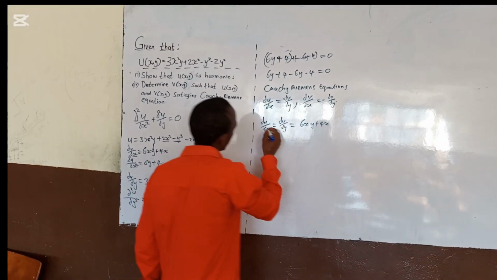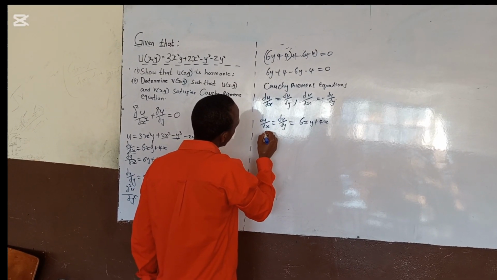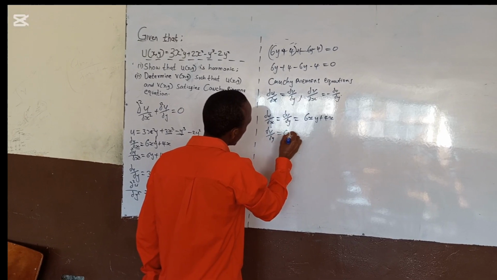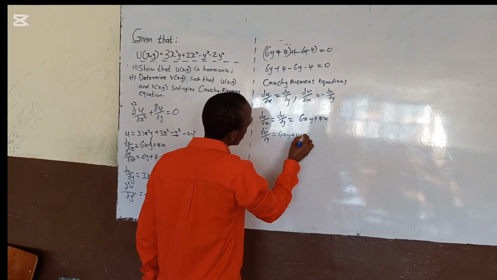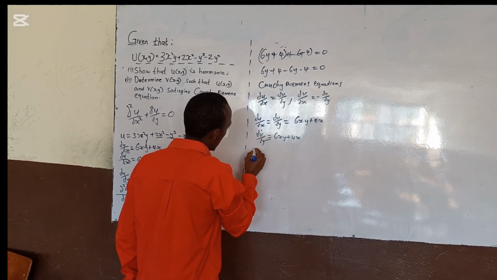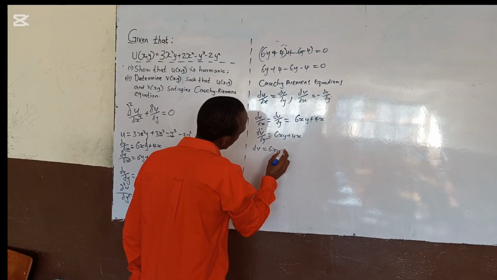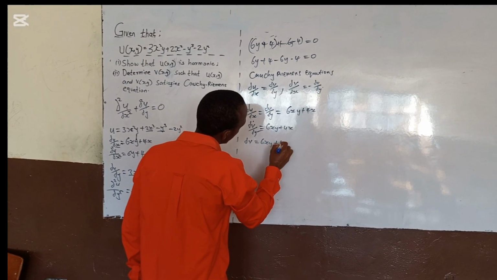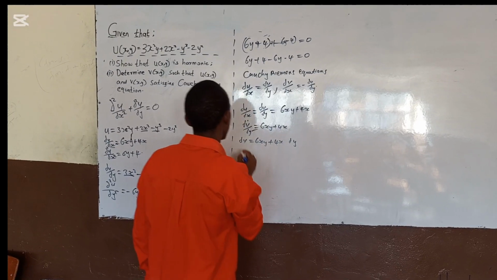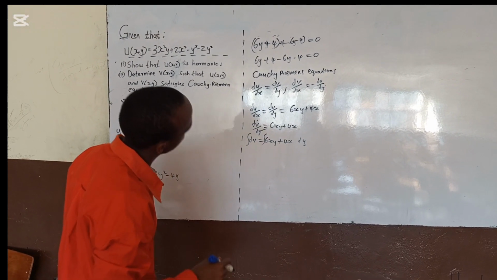Now, let's ignore du/dx. So our dv/dy is equal to 6xy plus 4x. We cross multiply, so dv is equal to (6xy plus 4x) dy. We integrate both sides.